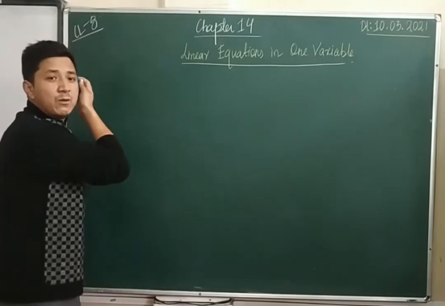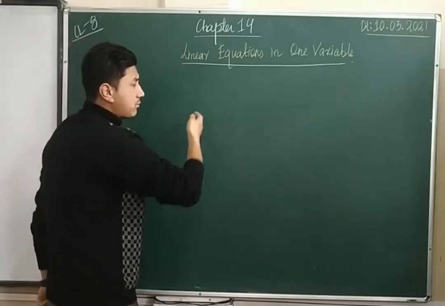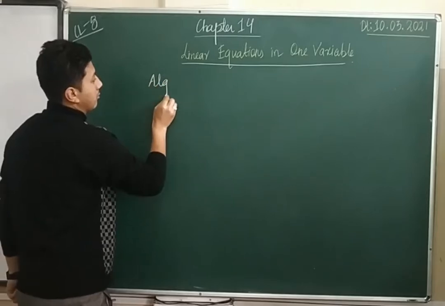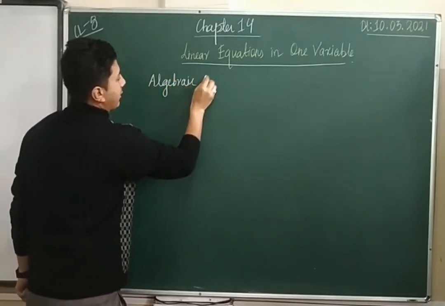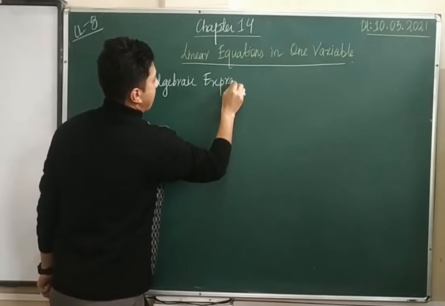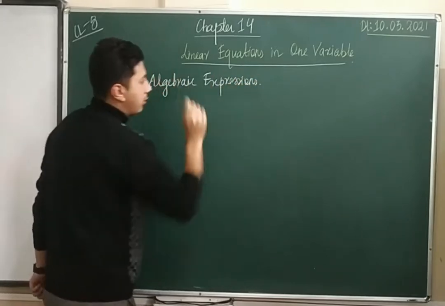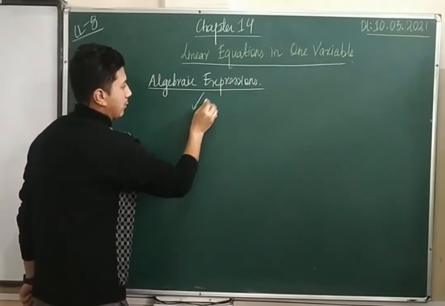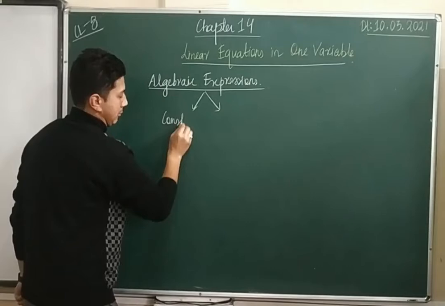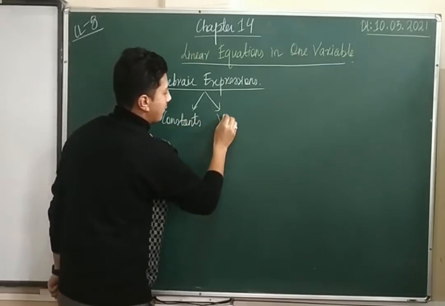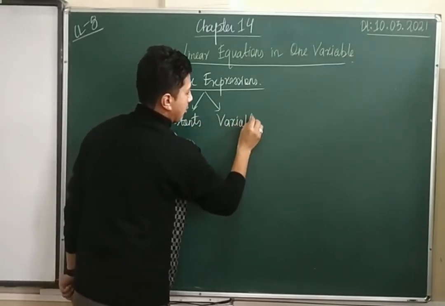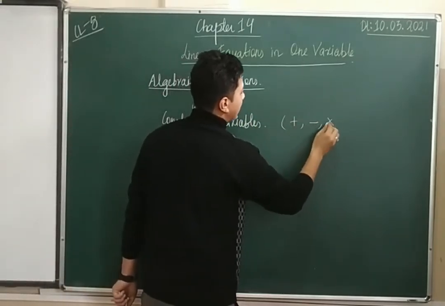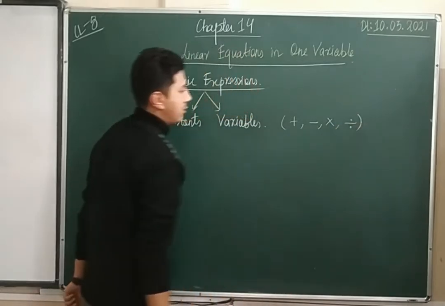Let us first understand what we mean by algebraic expressions. Algebraic expressions are those expressions which contain constants and variables, along with the algebraic operations plus, minus, multiplication and division.